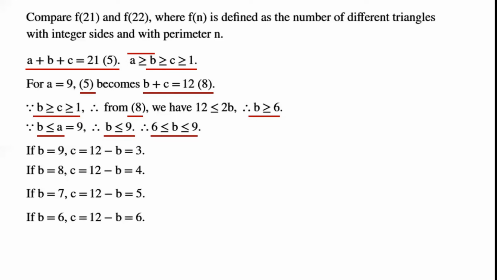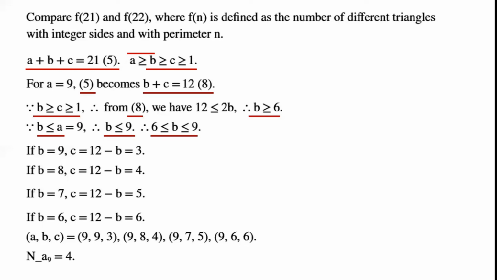If b = 6, c = 6. (a, b, c) = (9, 9, 3), (9, 8, 4), (9, 7, 5), (9, 6, 6).